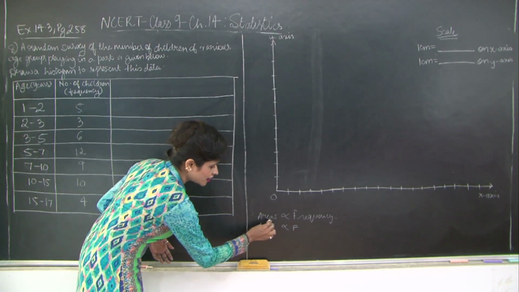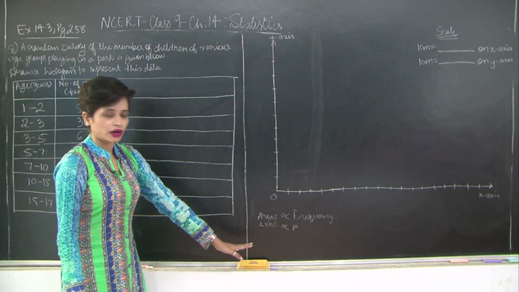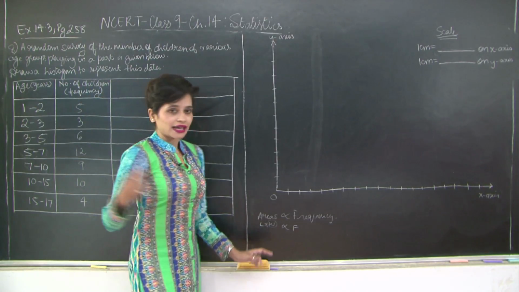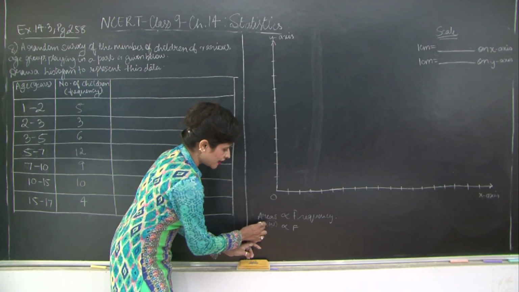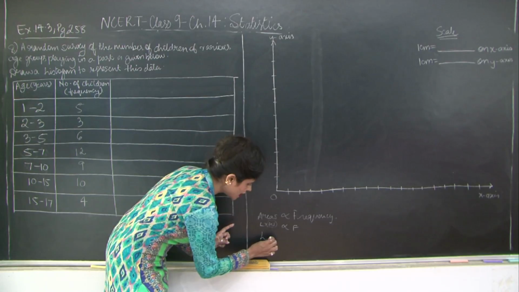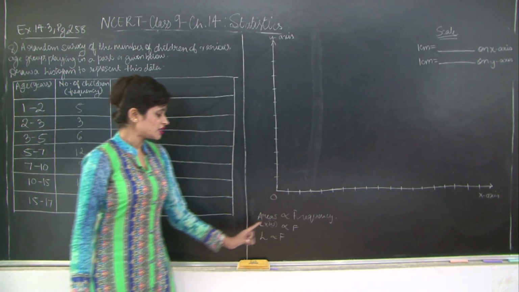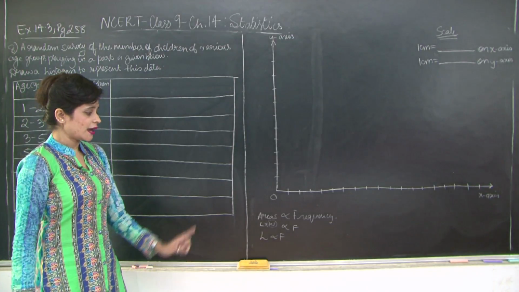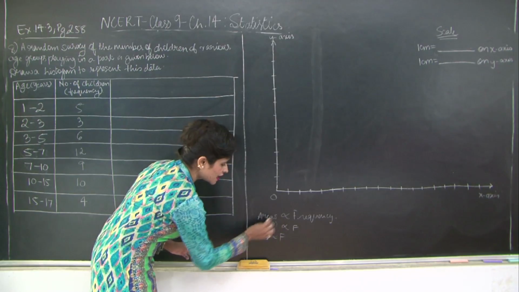So if the width is uniform throughout, let's say the class size was 2, this becomes a constant, so we can just get rid of it, then the length of the bars becomes proportional to the frequency. But when the width is not uniform, we need to adjust the length.